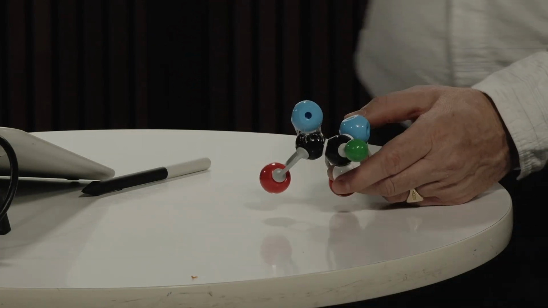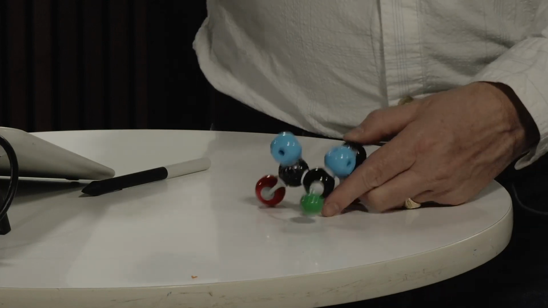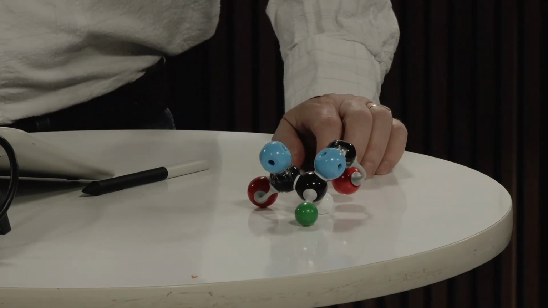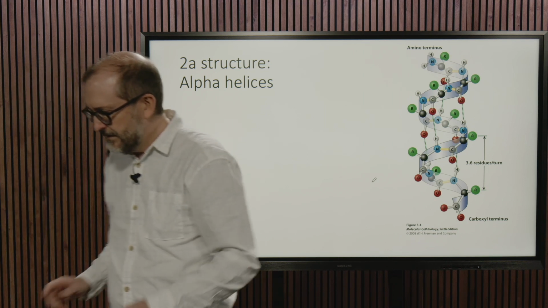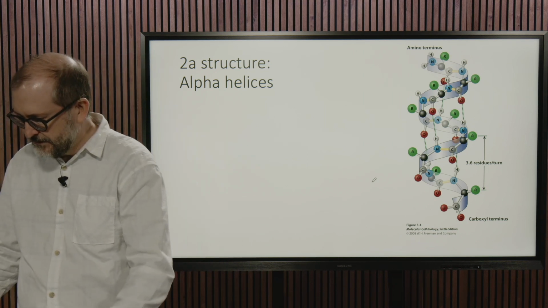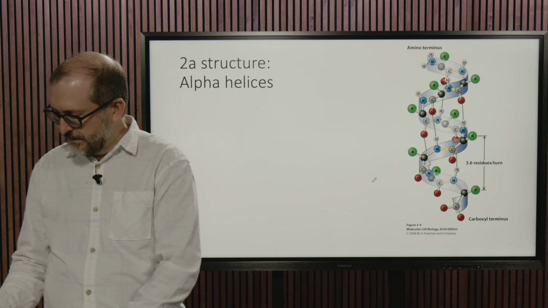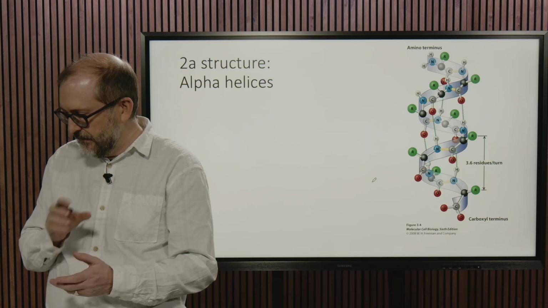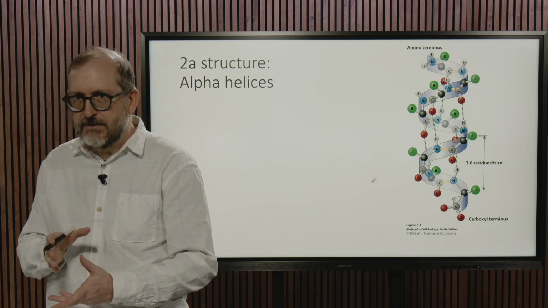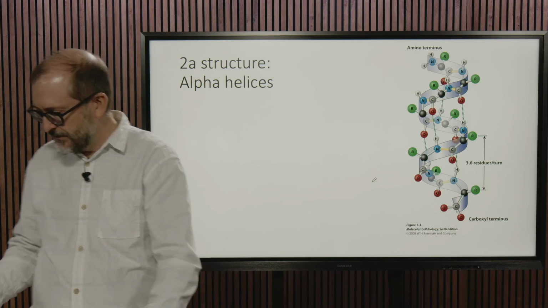Okay, so we're going to go into that in more detail. So here we are. This is the alpha helix, and so basically, if you have the amino acids in this configuration, you chain them one after the other.